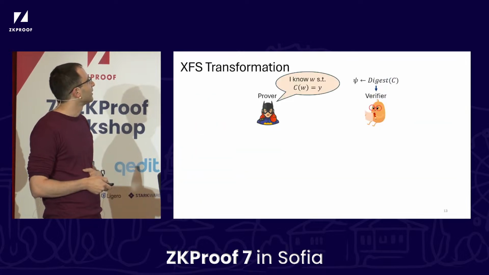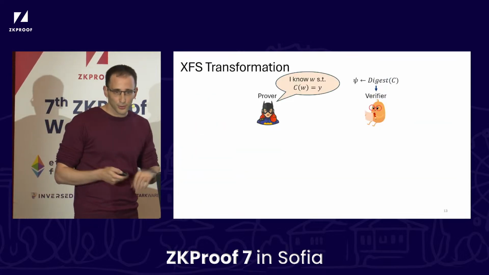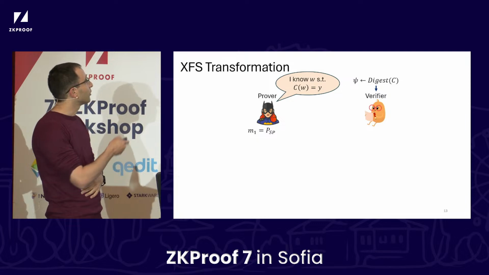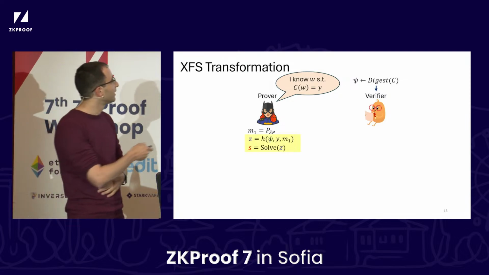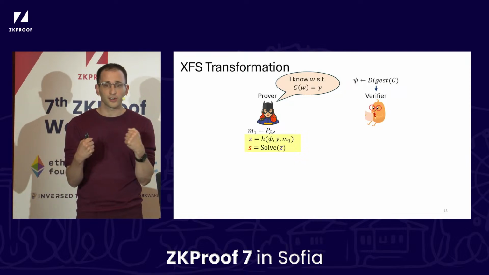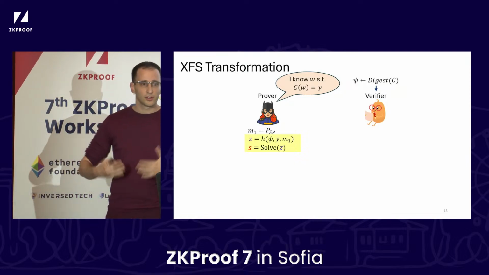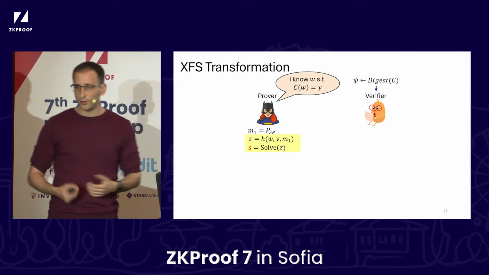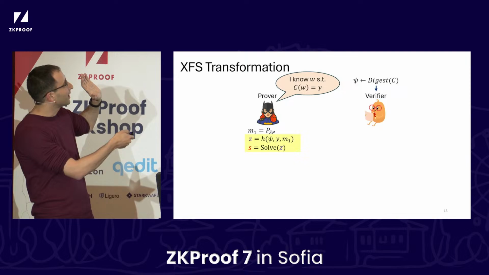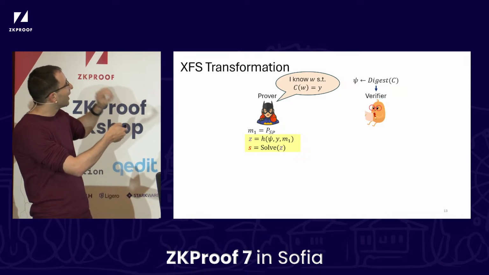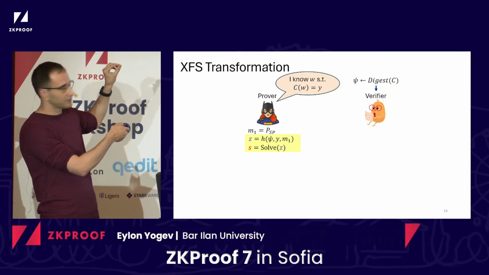Okay, so let's now see the transformation. The prover is going to choose the first message M1. Now, before the prover has the permission to derive the randomness rho for the verifier, he first needs to derive, in a Fiat-Shamir manner, the puzzle Z that we want to solve.